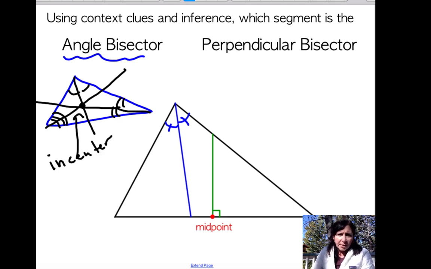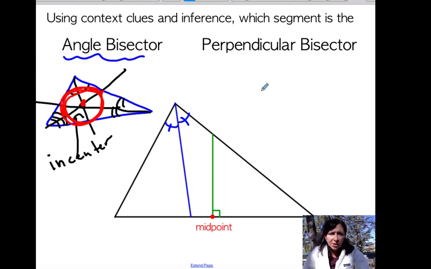What's cool about the incenter is that if I had a compass, I could put my point right here and my pencil on one side, and I would be able to draw a perfect circle inside this triangle using this incenter, which is the result of 3 angle bisectors.